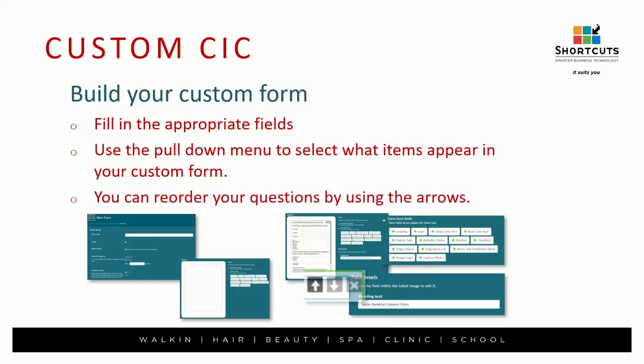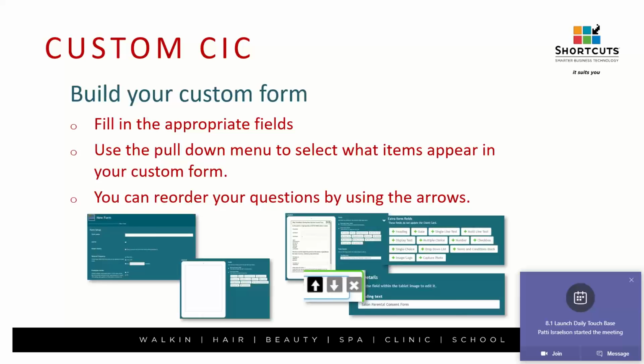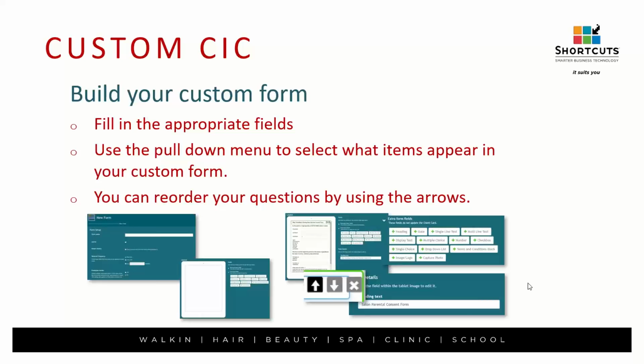Or does the customer have certain medical conditions that need to be recorded? You actually get to create the questions, the answers, and whether it's something the customer fills in by typing in information, or you have predetermined checkboxes with questions. And these can be simple yes or no's, or they can be an entire list of, let's say, allergies.